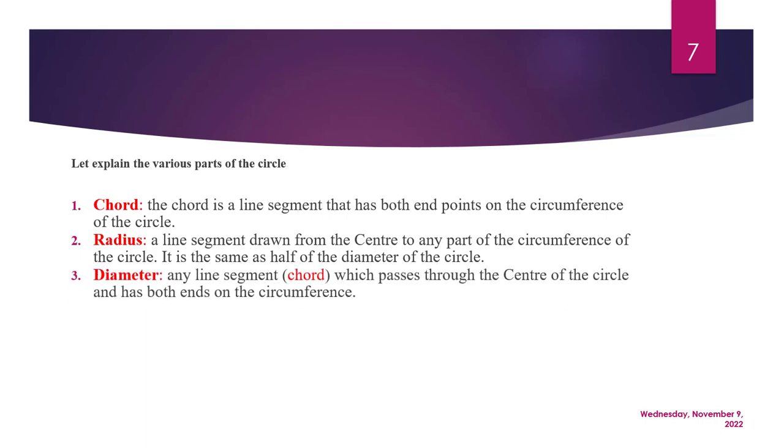What is a diameter? A diameter is any line segment, in brackets chord, which passes through the center of the circle and has both endpoints on the circumference. Take note, a diameter is any line segment which passes through the center of the circle and has both endpoints on the circumference.